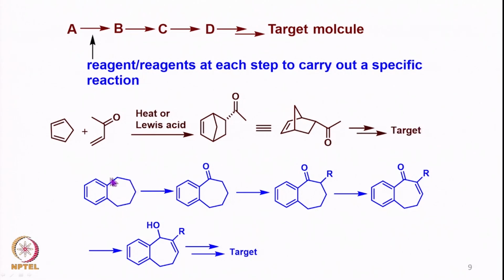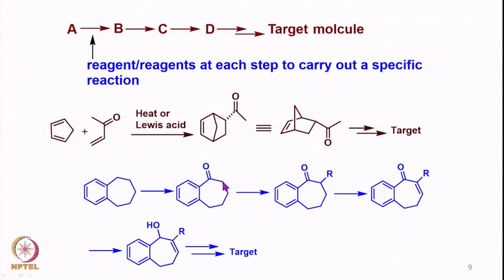Likewise, if we start with this particular molecule, which is a bicyclic molecule having an aromatic ring, of course we can have different substitutions on the aromatic ring depending on what the target molecule is, but just to show what steps it could involve, we can do the benzylic oxidation here to go to the corresponding ketone.